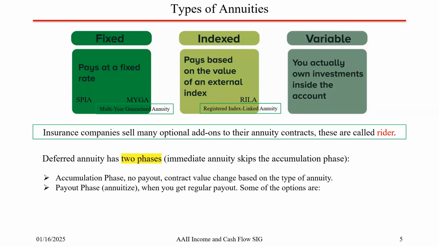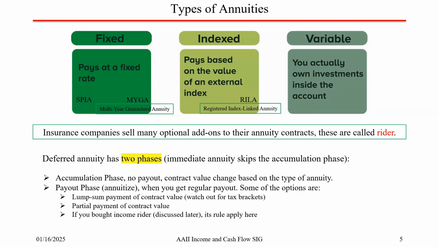Some of the payment options are you can get the lump sum. You can get partial payment of contract value, basically a fixed amount every month. If you bought an income rider, which we'll talk about later, then it introduces a different set of rules as to how much money you can get.